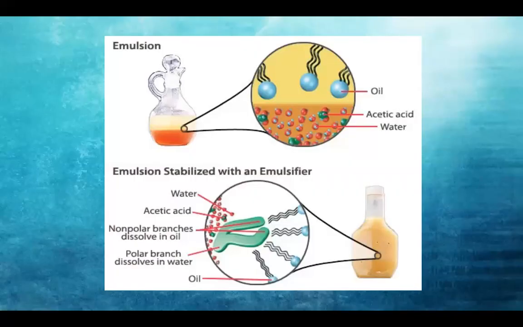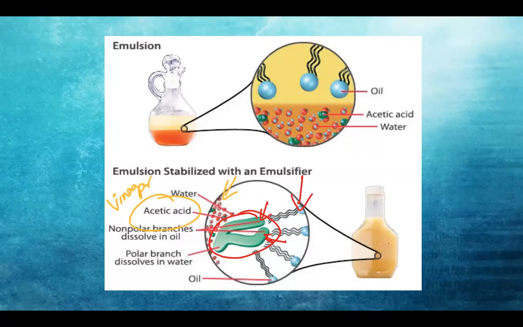So here's an example of an emulsifying agent. This is our emulsifying agent, in Italian dressing. You've got the nonpolar branches here that are going to dissolve in the oil, which is here. And then on the other side, we've got acetic acid or vinegar.